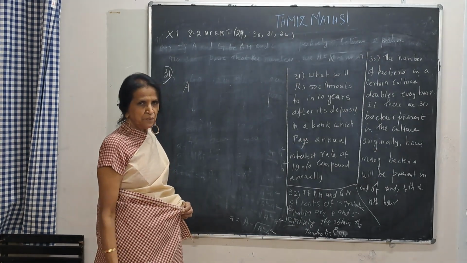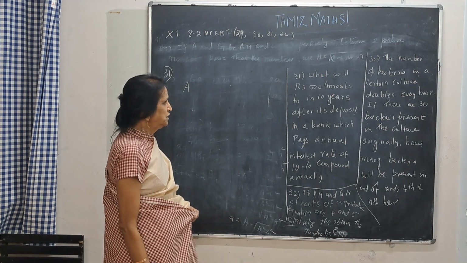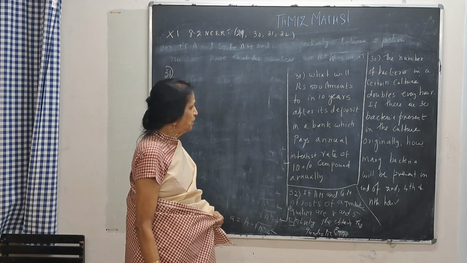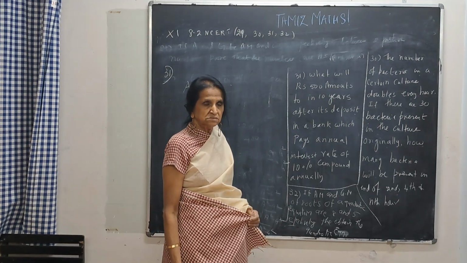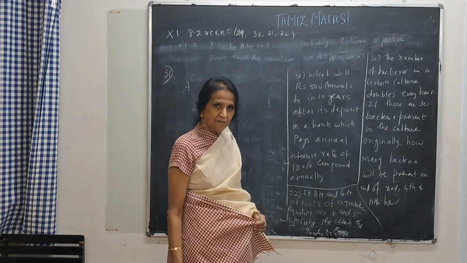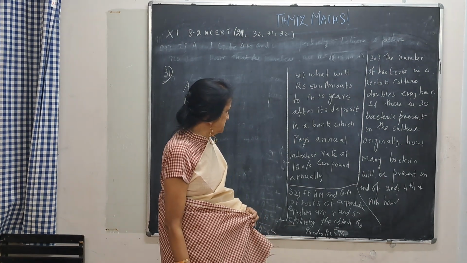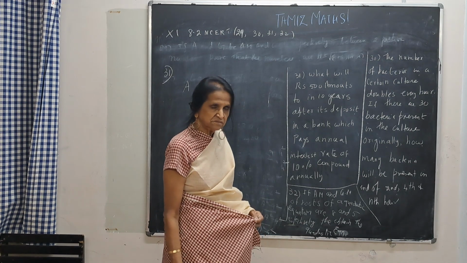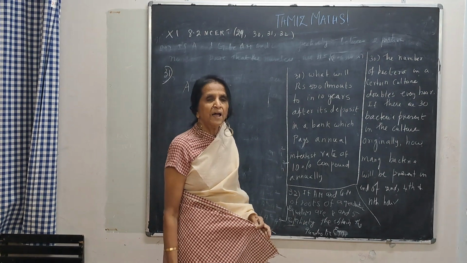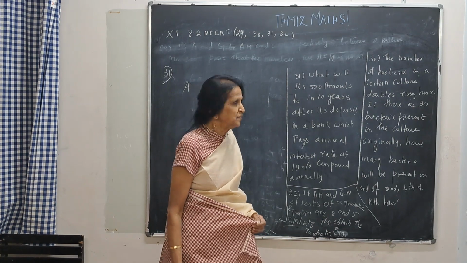Dear viewers, it's problem number 31. What will rupees 500 amount to in 10 years after its deposit in a bank which pays annual interest rate of 10% compounded annually? You compound it annually.